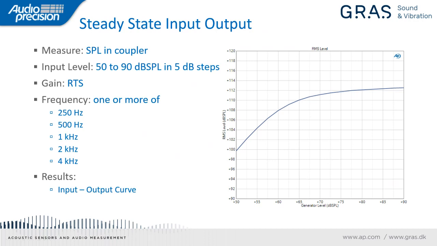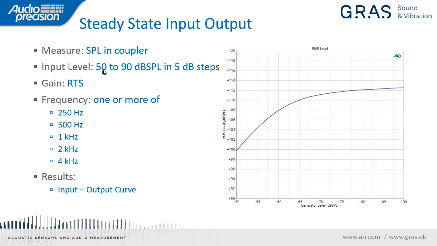This measurement is called steady state input output, and for those of us involved in more conventional audio tests, we would call it a stepped level sweep. This involves setting the hearing aid to a gain of reference test setting. We generate a sine signal at 1 or more of these frequencies, one at a time: 250, 500, 1 kilohertz, 2 kilohertz, or 4 kilohertz.